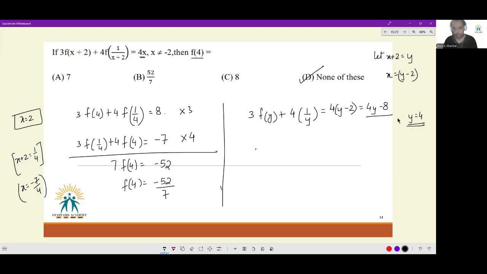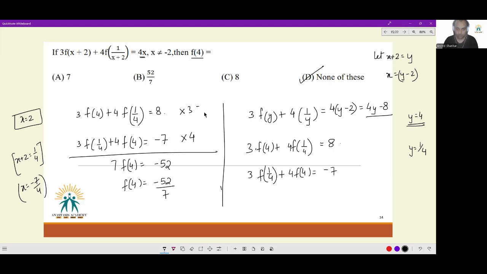If y is equal to 4, then 3 times of f4 plus 4 times of f of 1 by 4 is equal to 4 into 4 minus 8 gives me 8. Now 1 by 4 is needed. So we'll take y equal to 1 by 4, which will give us 3 times of f of 1 by 4 plus 4 times of f of 4 is equal to 1 minus 8, so minus 7.